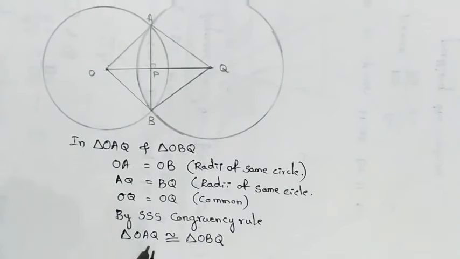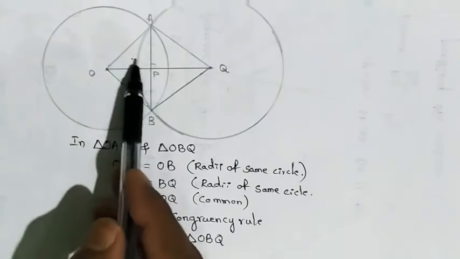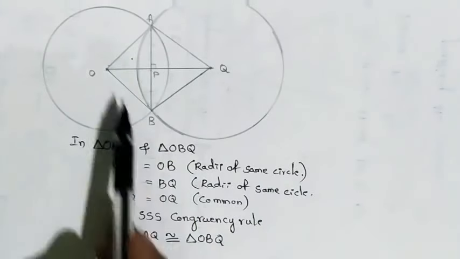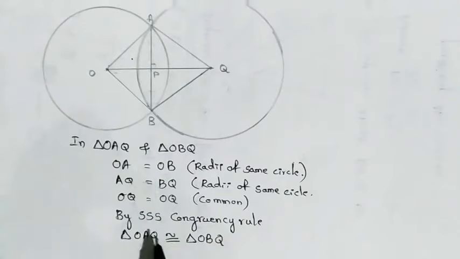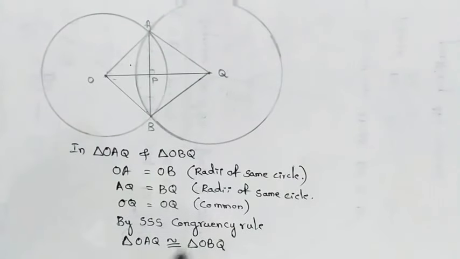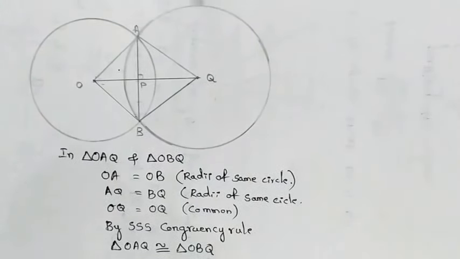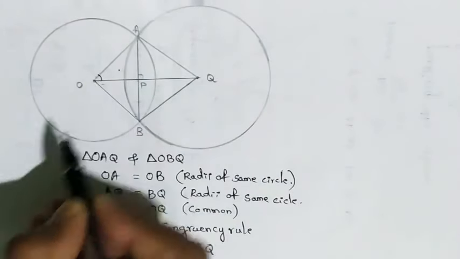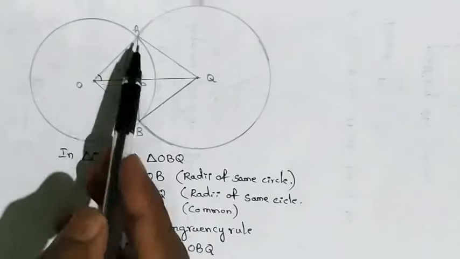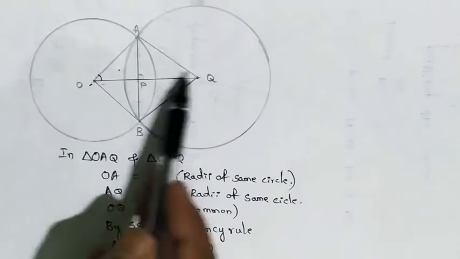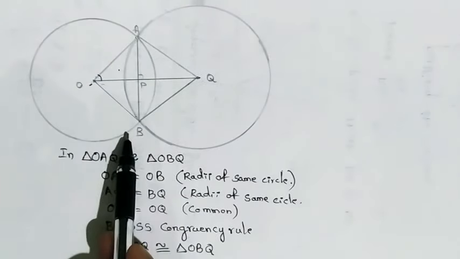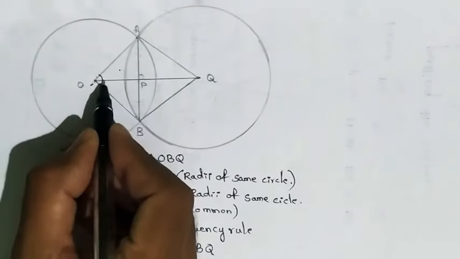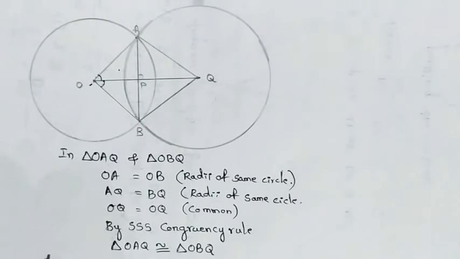Okay, now we got these two triangles, the triangle OAQ and OBQ, both are equal, means congruent. So using that, what happens here, their corresponding angles will be equal. Which are those? AOQ is equal to BOQ. Corresponding angles will be equal.